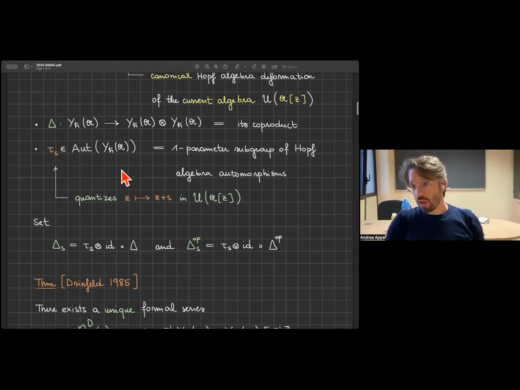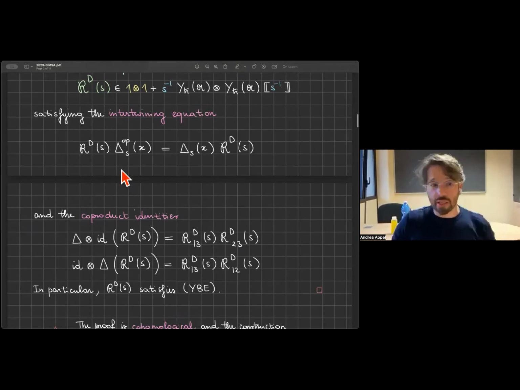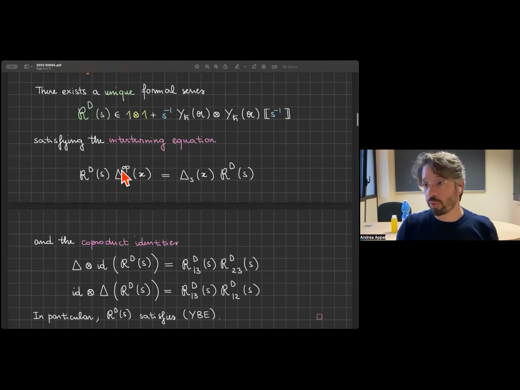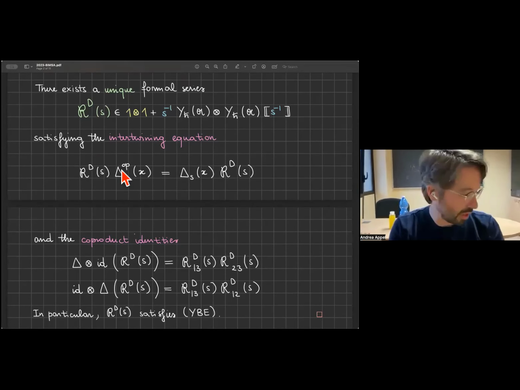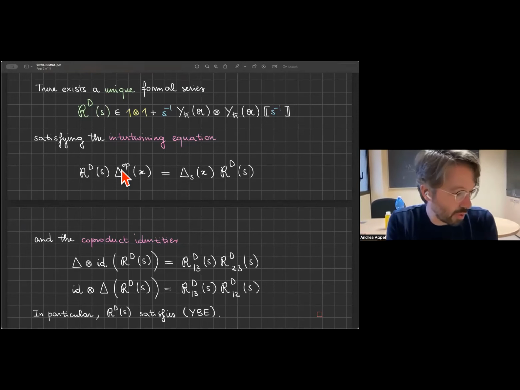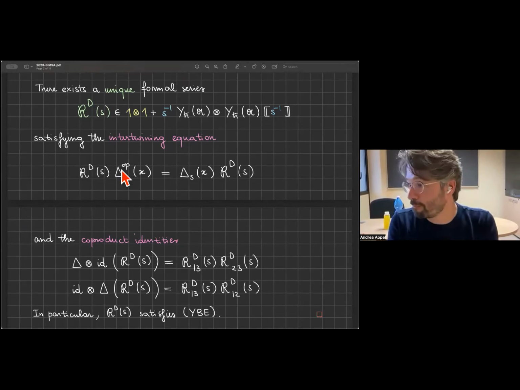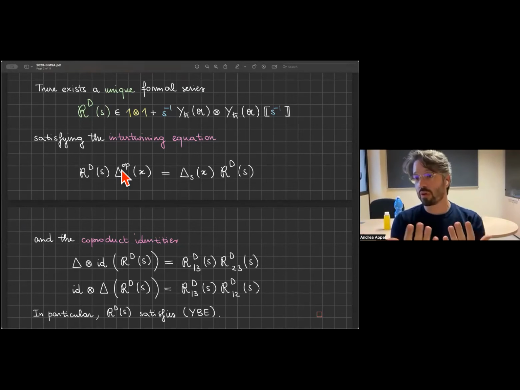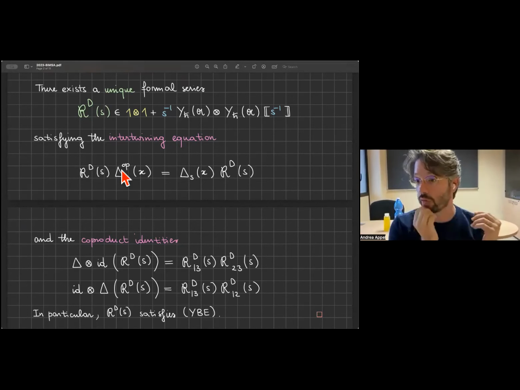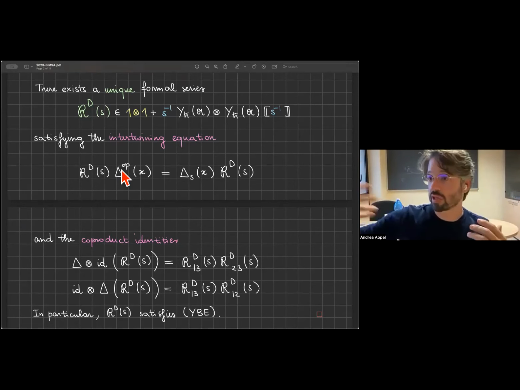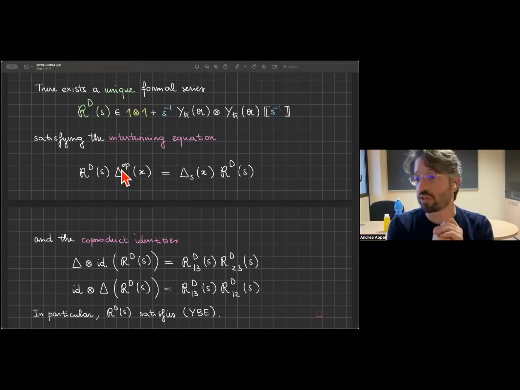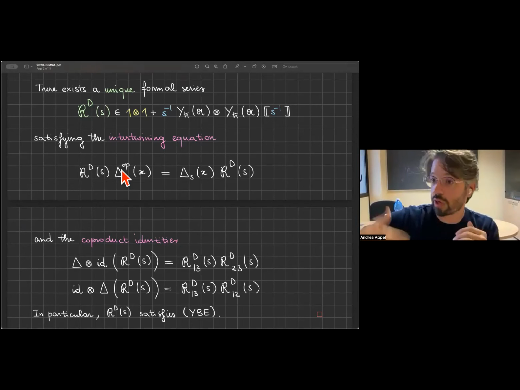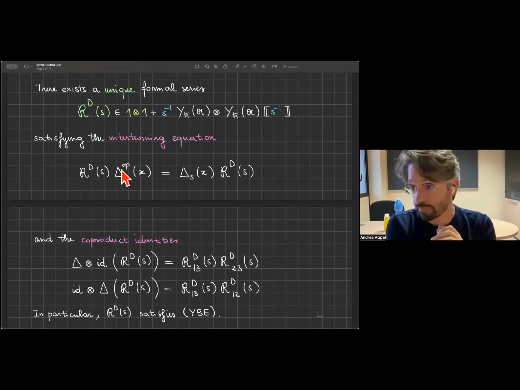Okay, so this in a certain sense is a very well known result, and it produces a perfect parallel with the story of Drinfeld-Jimbo quantum groups and their universal R matrix, and how that story applies to the affine case when I consider the quantum affine algebra. On the other hand, there is a very big difference here.